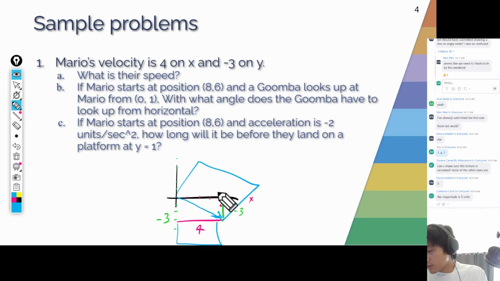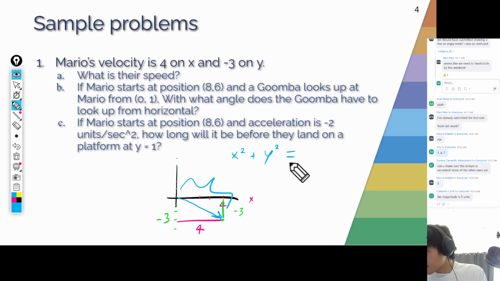So how would you do that? You think of the Pythagorean theorem. You apply that by saying the side length of x, this horizontal portion, squared, plus the side length of y squared is going to be equal to the side length of this hypotenuse.